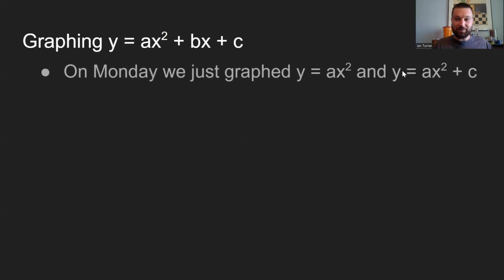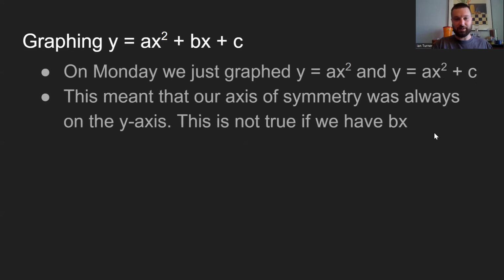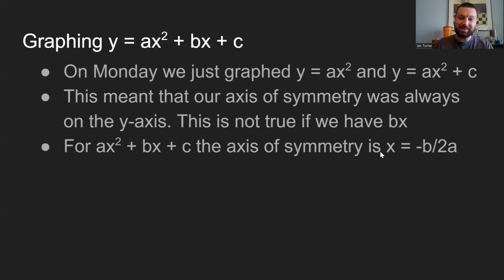We only looked at graphs last time in the form of y equals ax squared and y equals ax squared plus c. Now we're going to add the b term. If we add bx, our axis of symmetry is going to be x equals -b divided by 2a.